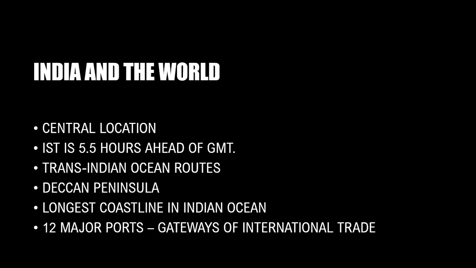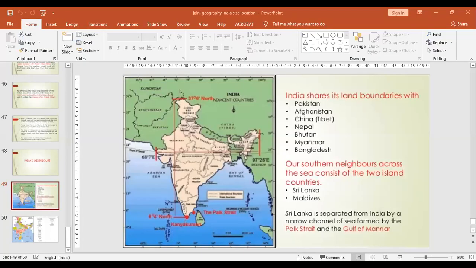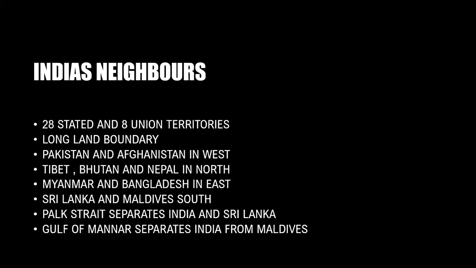Now, talking about our neighbors. India has 28 states and 8 union territories. We have a long land boundary and we share our borders with Pakistan and Afghanistan in the west, Tibet, Nepal and Bhutan in the north, Myanmar and Bangladesh in the east, and we have southern neighbors, which are islands.